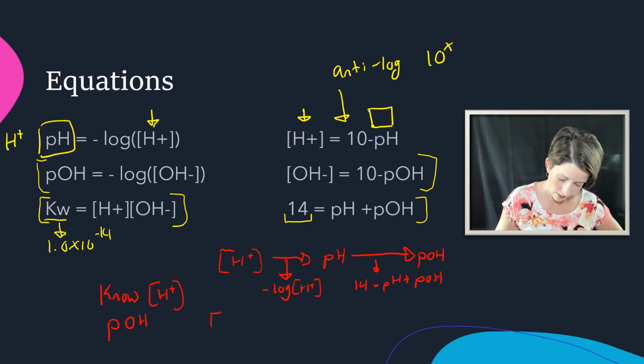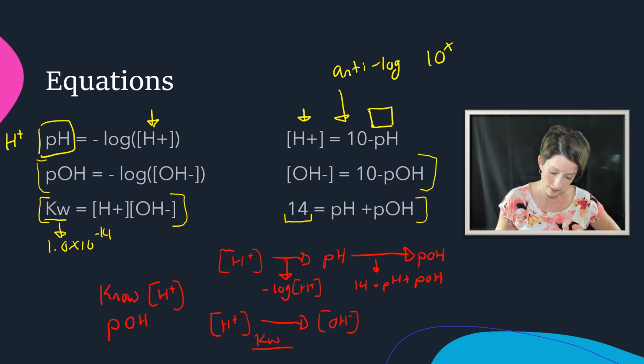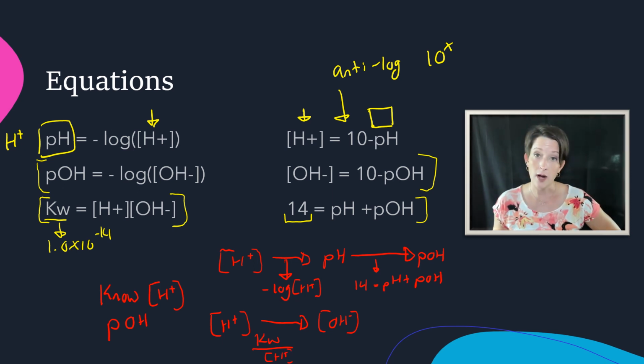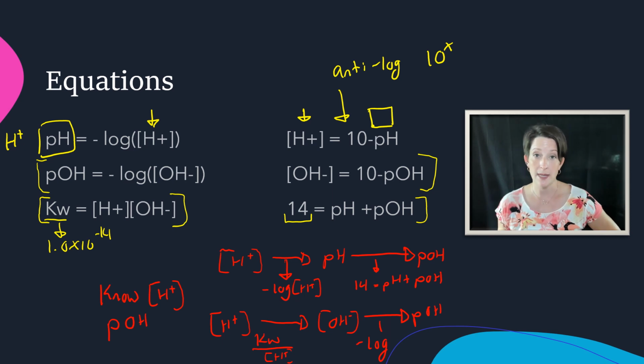Or if you know your hydrogen ion concentration, you can go to your hydroxide ion concentration by using the Kw calculation and taking Kw divided by your hydrogen ion concentration. Now that you have your hydroxide ion concentration, you can go to your pOH by taking the negative log of it. Both will get you to the same place.